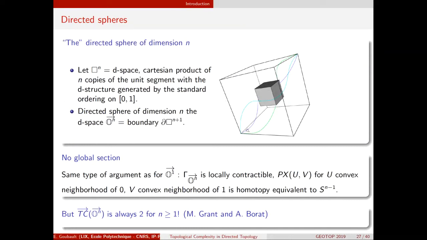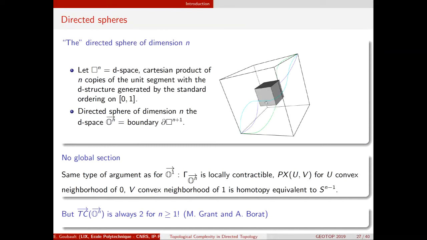So this one times this one times this one. And the directed structure is given by saying that directed paths are like these green and blue paths. They are going to be the continuous paths that are increasing when you look at the projection on each of the 3 coordinates on each of the 3 segments. So you want to follow the direction given by the 3 directed segments you took the product of, and you want to increase the 3 coordinates.